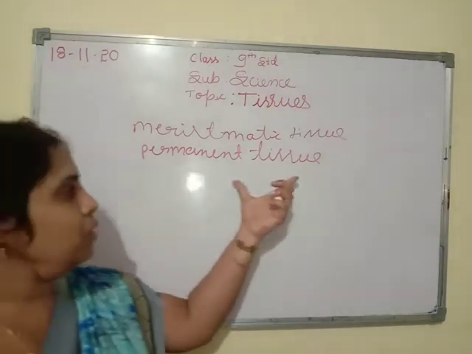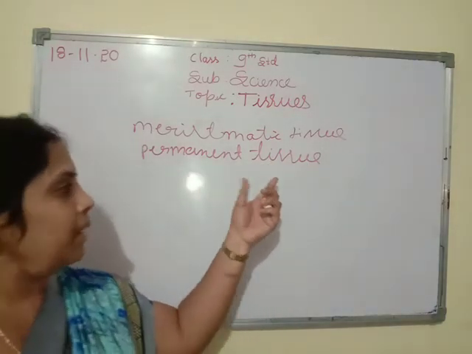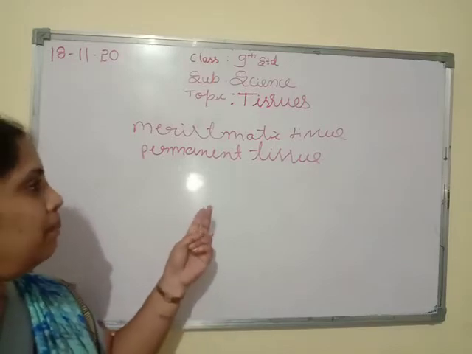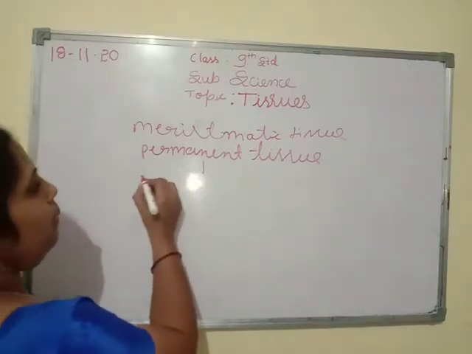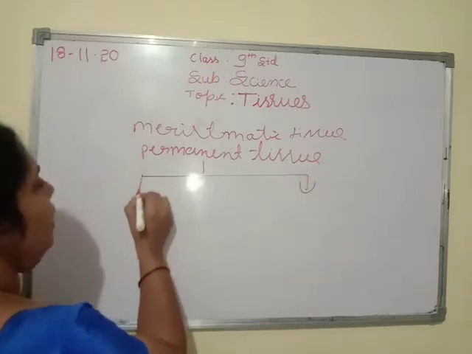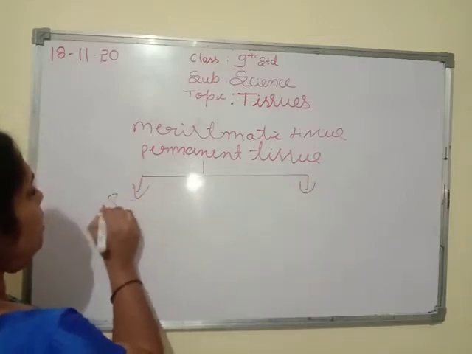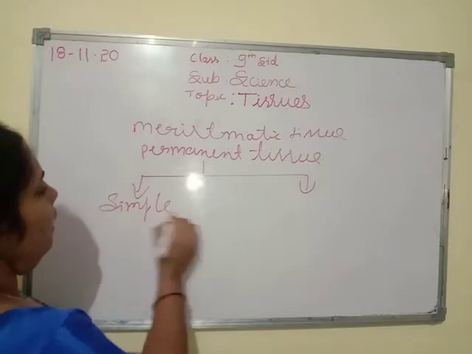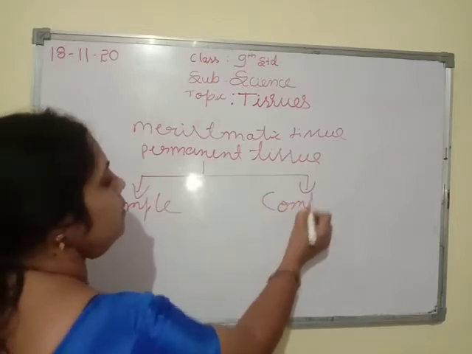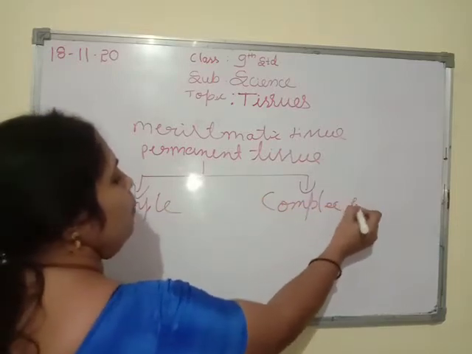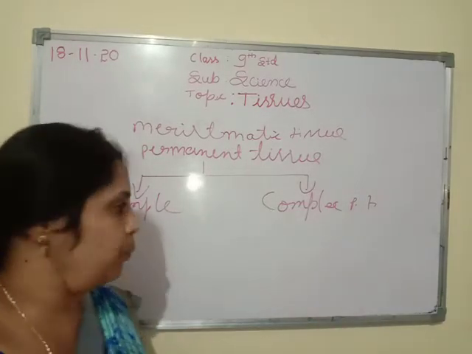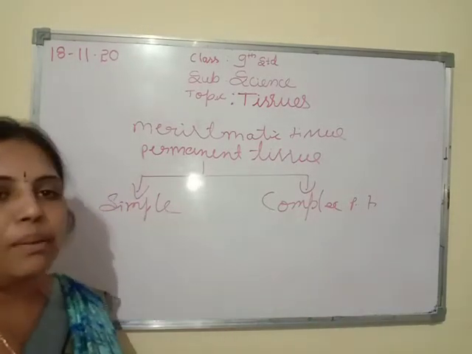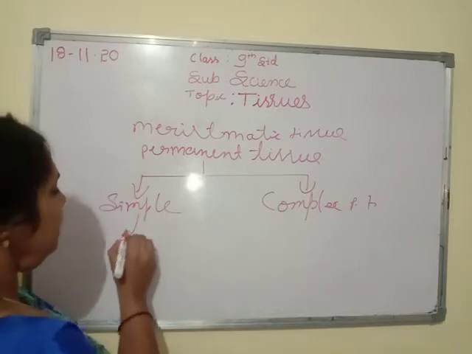Permanent tissue is classified into two types, simple permanent tissue and complex permanent tissue. Again, the simple permanent tissue is classified into three types.